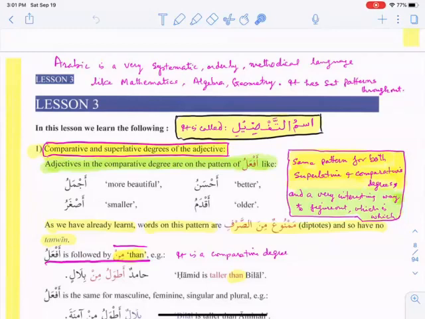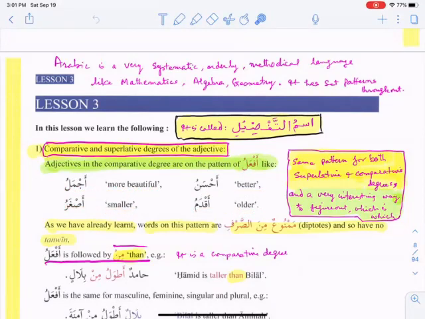I'll explain it again, inshallah. Ahsanu, better. Ajmalu, more beautiful. Akdamu, older. Askaru, smaller.